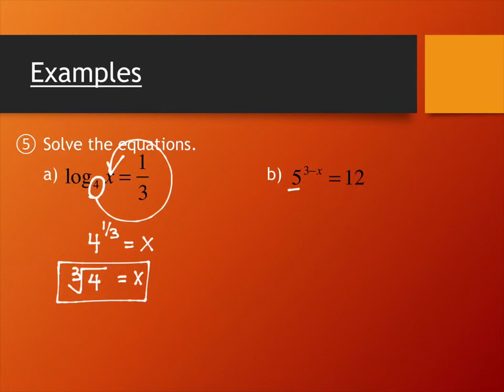So I don't have the ability to use what I did back in section 4.1 and rewrite this and solve it within the exponential form that it's given, which means I need to change it into log form in order to work with it. So I circle the base and I draw my tail around. It was an exponential, now it will be a log. What do I do next? Log base 5. Mm-hmm. 12.